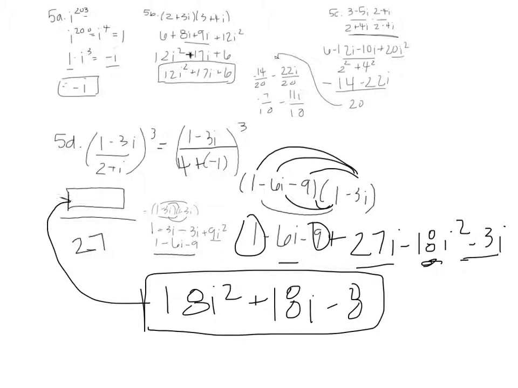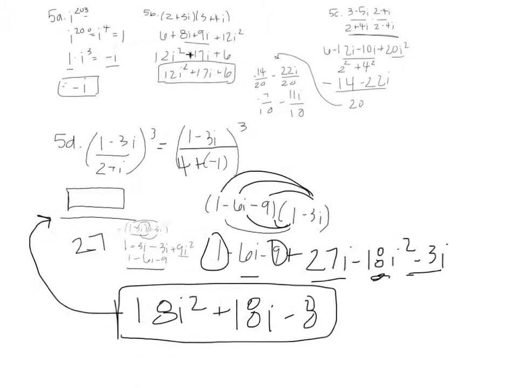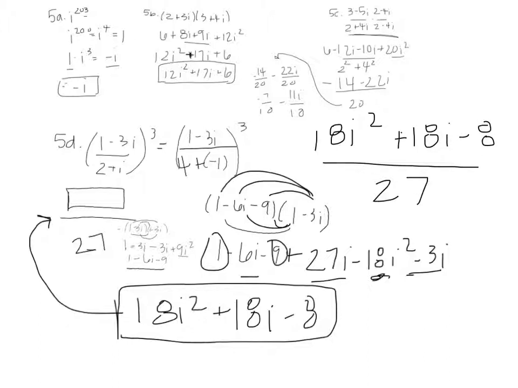That's going to go on top right here. So it looks a little confusing, but my final answer is going to be written right over here: 18i squared plus 18i minus 8. I'm going to put that over 27. And this should be your final answer to question 5d, in which we cubed the fraction they gave us.